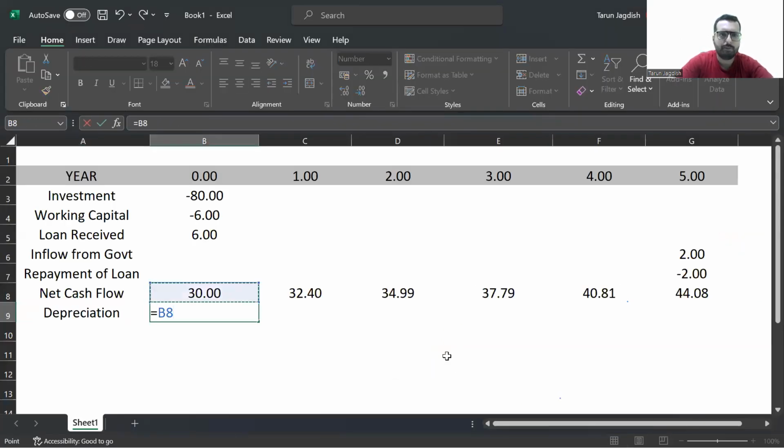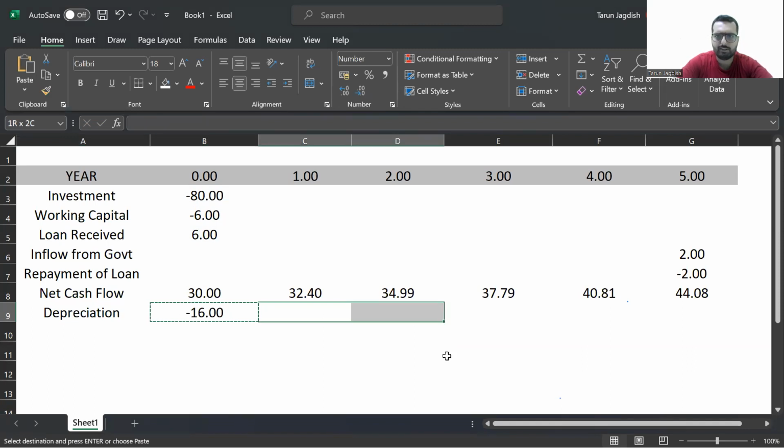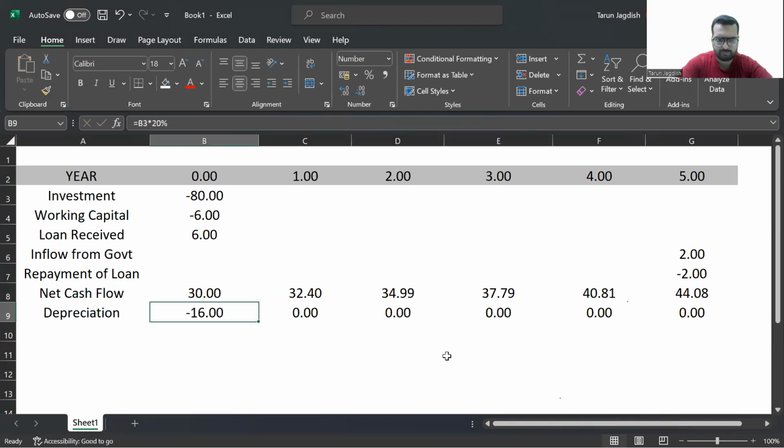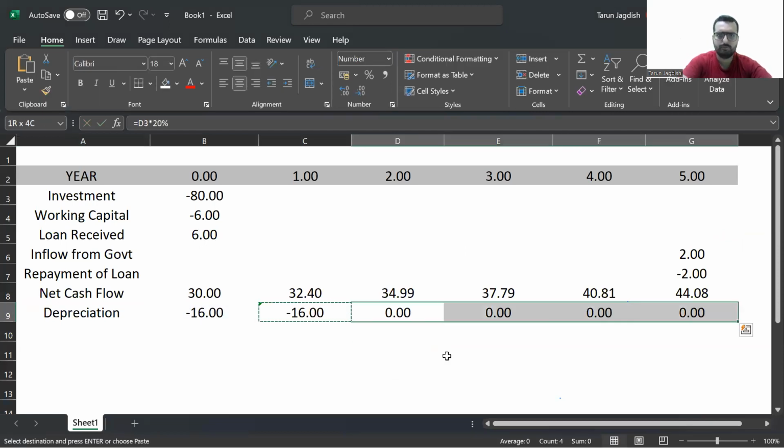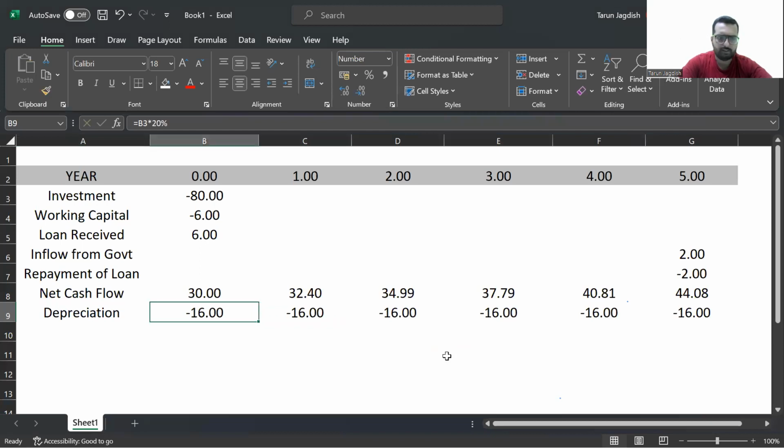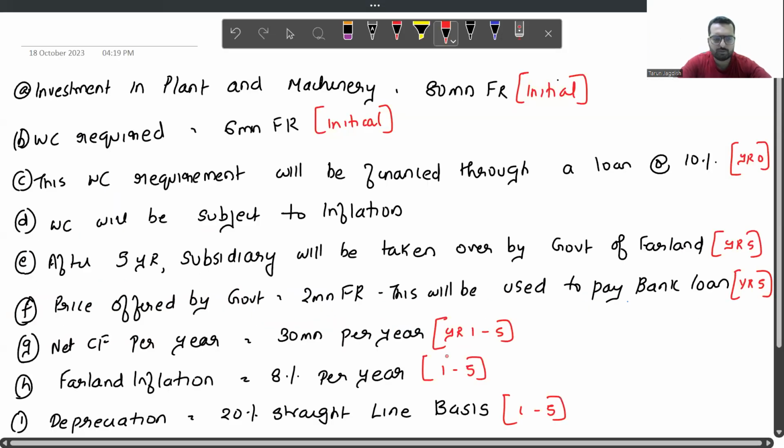So depreciation will be on the asset, you will be paying how much? 20%. That is minus 16. Okay. So you get 1 minute. Minus 16. Correct. After depreciation, they have told 1 minute.